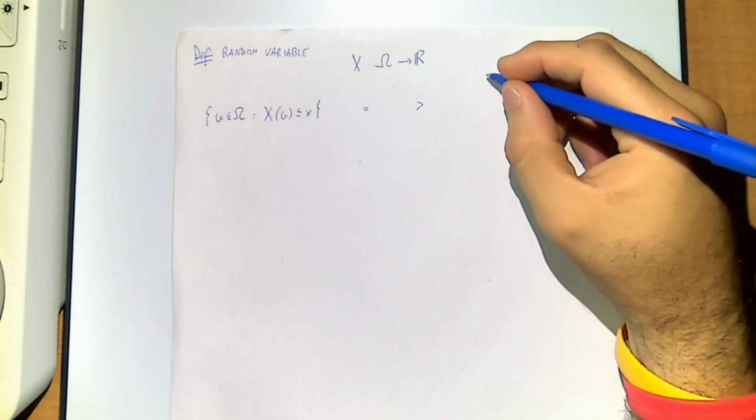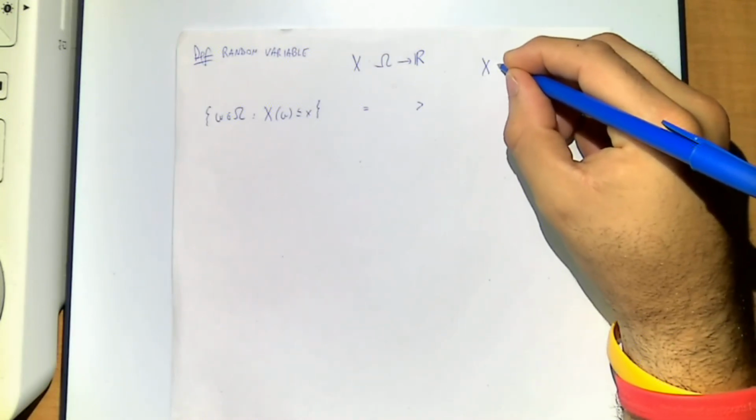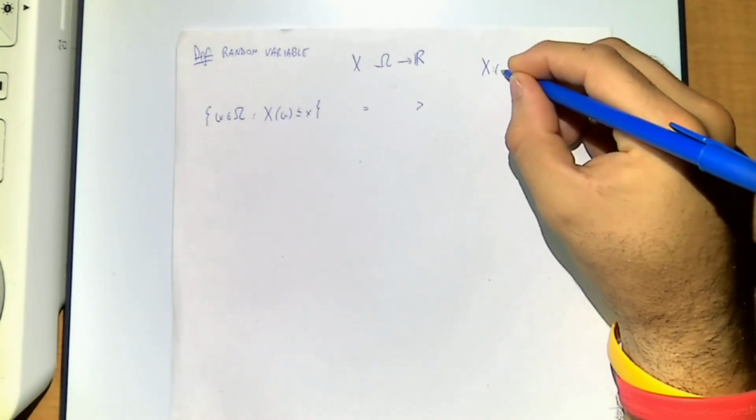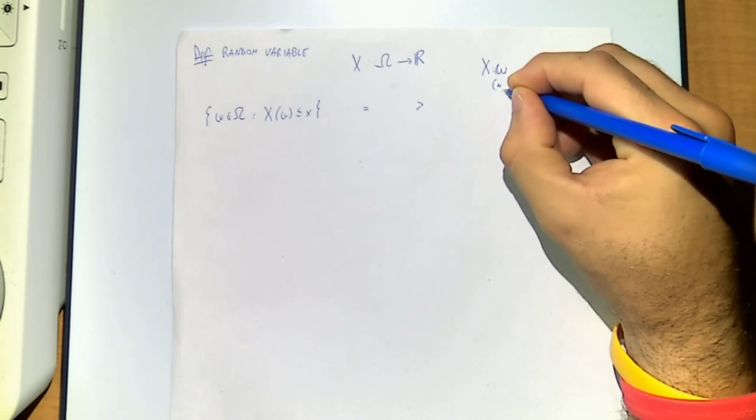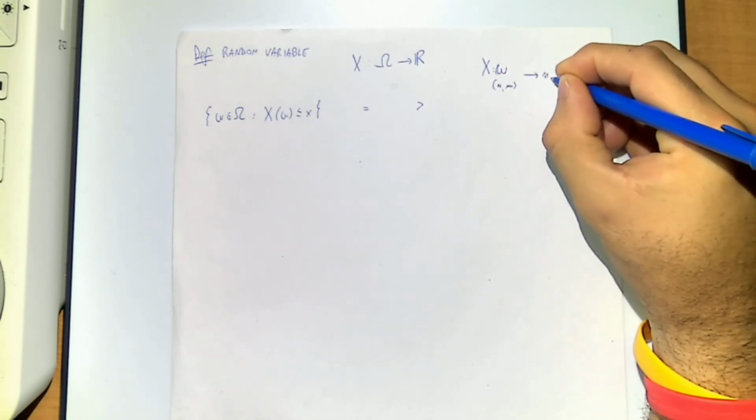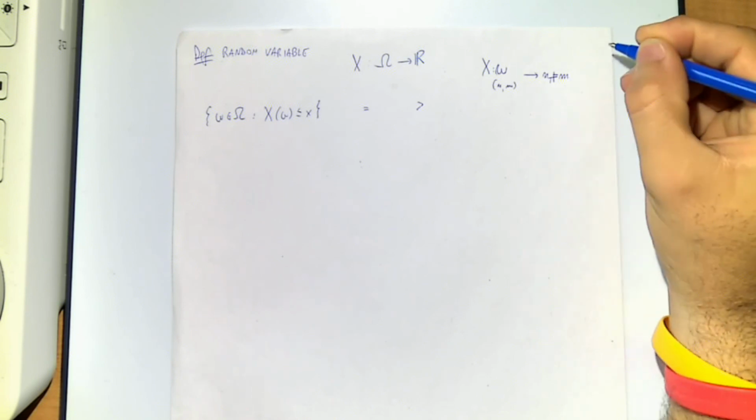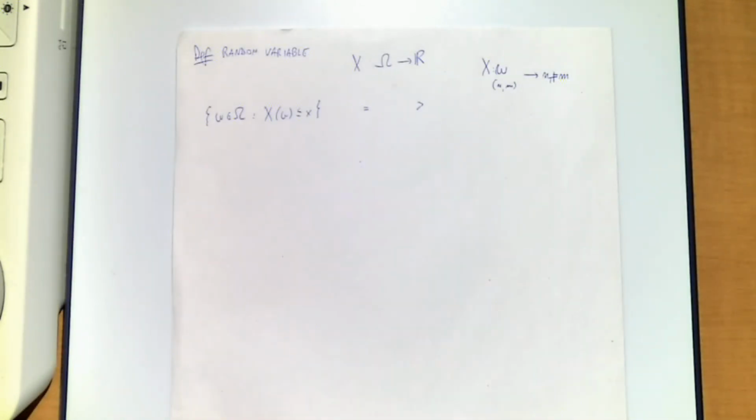Cool. So X takes omega, which is (n, m), into n plus m. And then we can fix these 3 very simple events. Of course, we have more complicated ones, right?